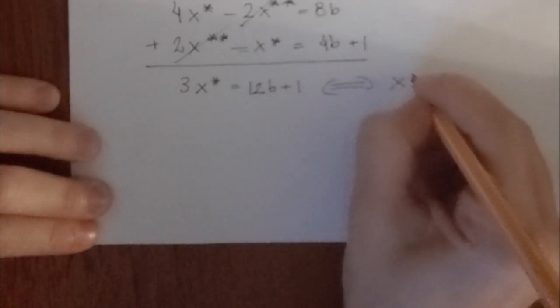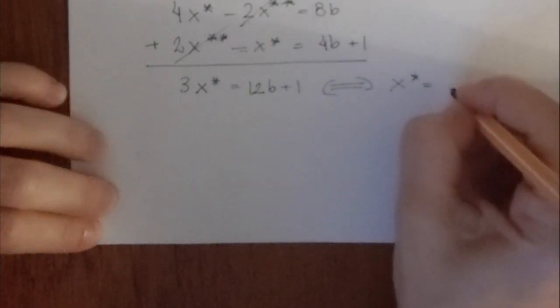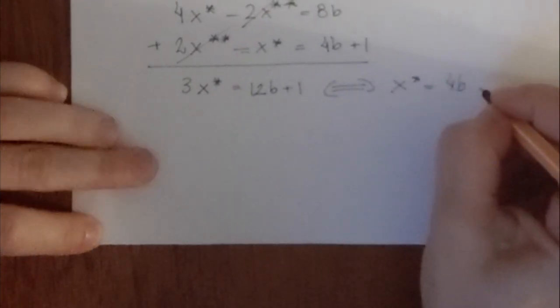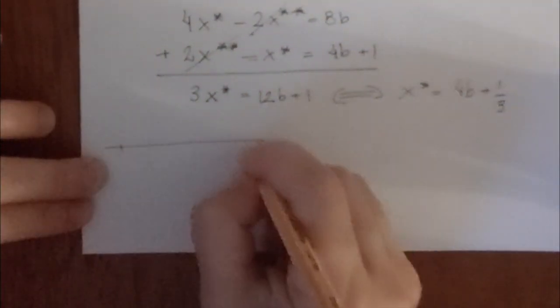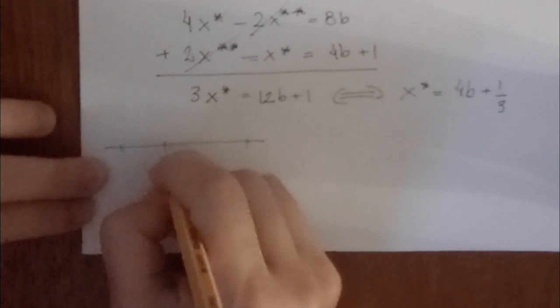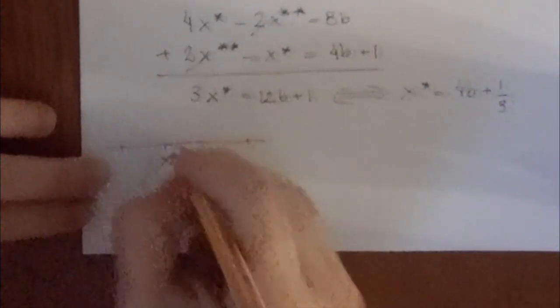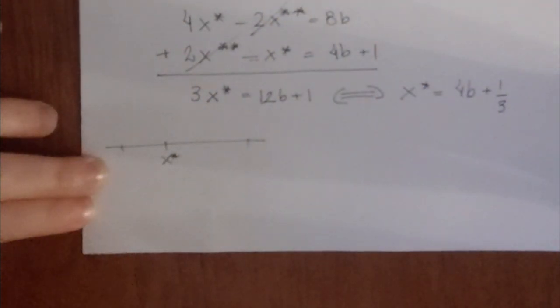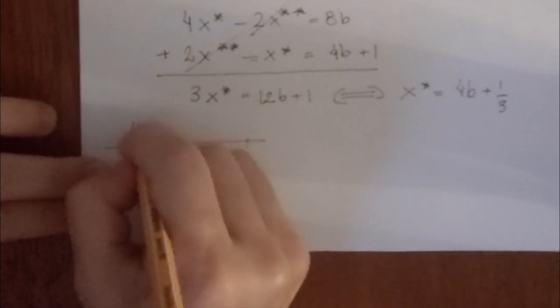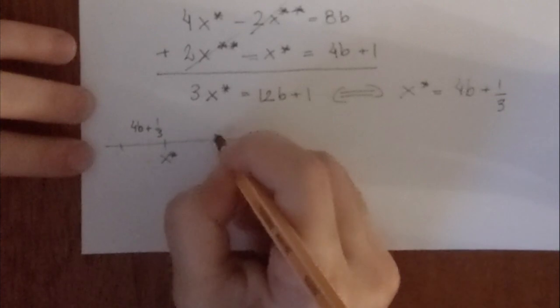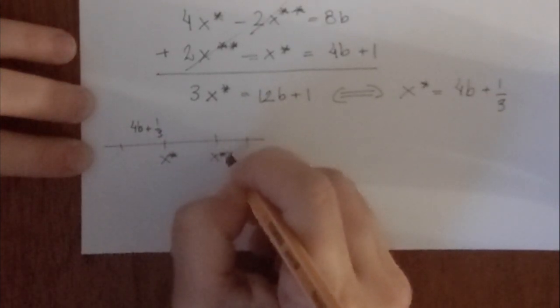Solving for X star, we find 4B plus 1/3. What this means simply is that we've solved for our optimal first threshold, which is going to be 4B plus 1/3. Right, we have not yet solved for X star star.